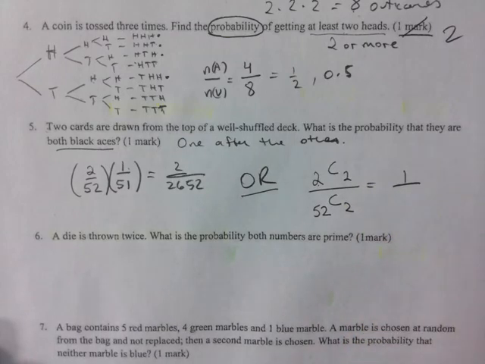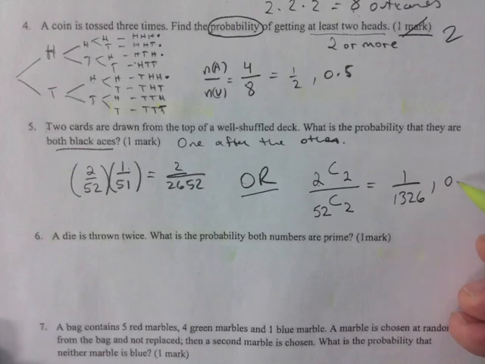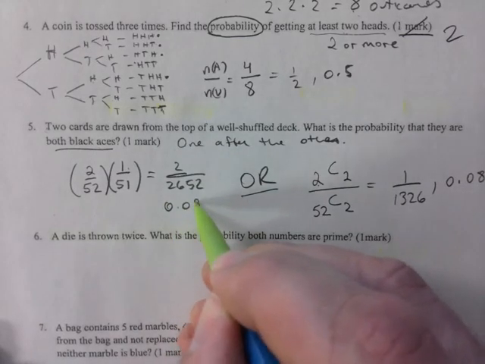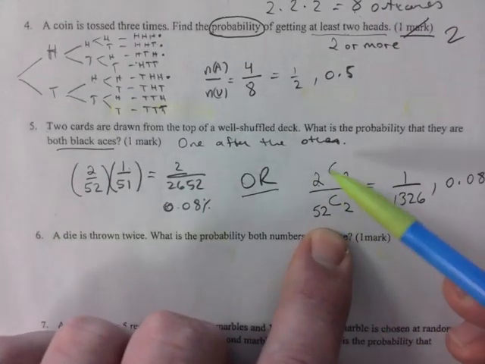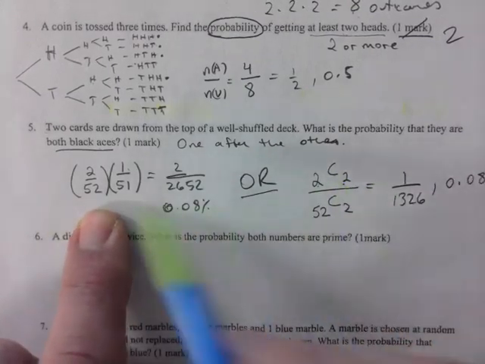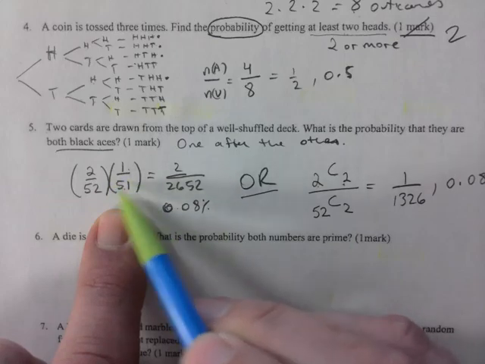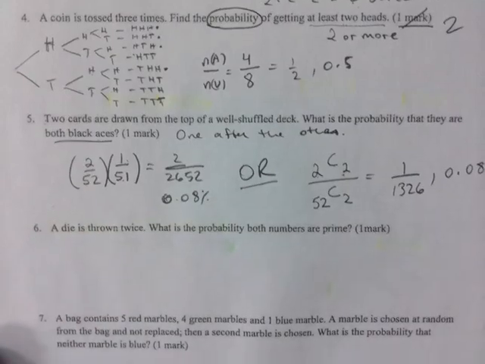This will give you 1 over 1326, which, if you do the math, is still 0.08%. This is also 0.08%. But I would caution against using combinations. I would just stick with this method because it's dependent events. This works very well. Okay, so remember that.